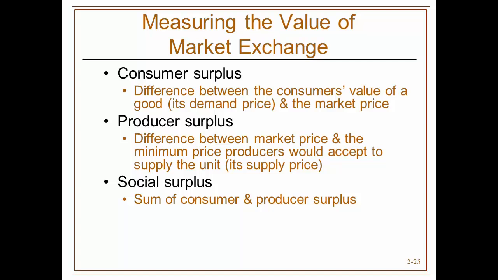But obviously, the consumer wouldn't have been willing to part with their money to buy this product. They must have valued the product more than the money. And the producer was the opposite. They must have valued the money more than the product. So at the end of the day, after the trade is over, both sides are better off. There's a positive amount of consumer surplus and a positive amount of producer surplus. So the total amount of social surplus is the sum of those two.